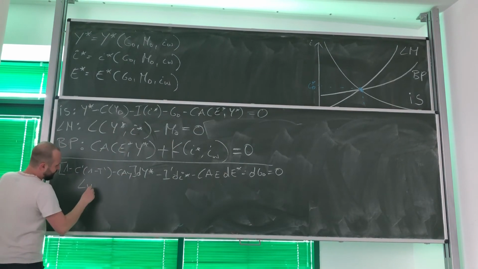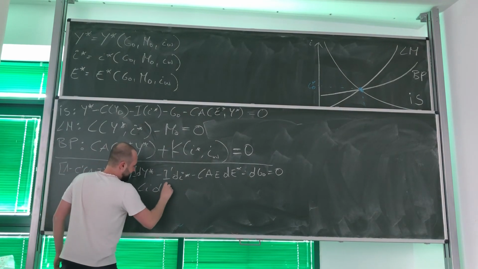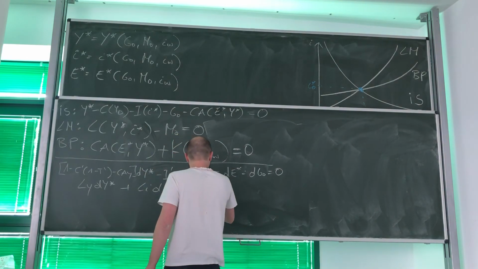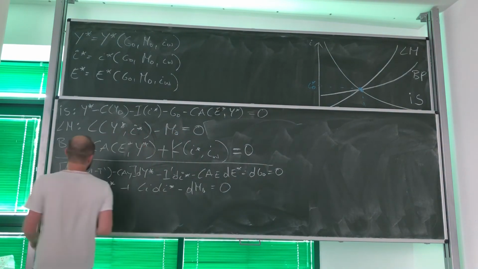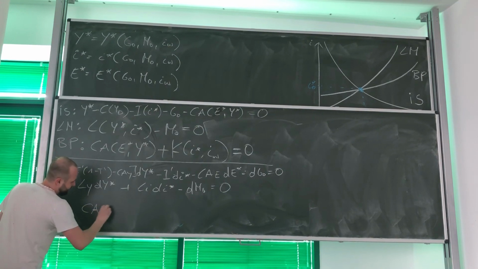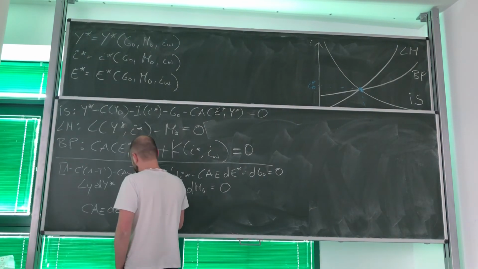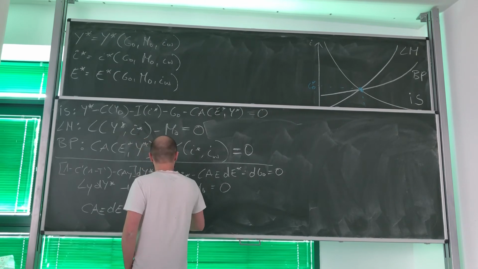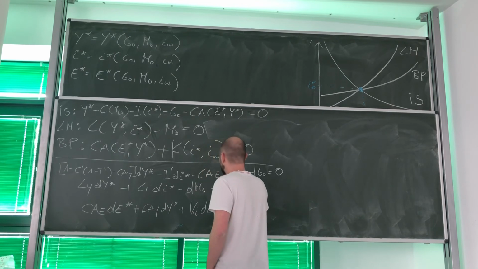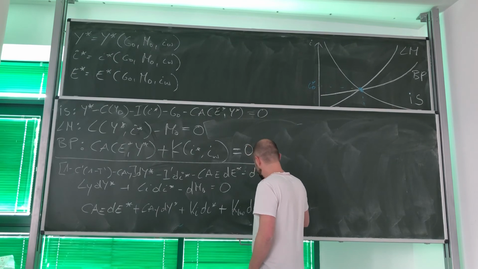The situation is simple. Ly dy plus Li dI minus dm0 equals 0. And finally, the last equation, we've got CAE dE plus CAY dy plus KI dI and plus KIW dIw.